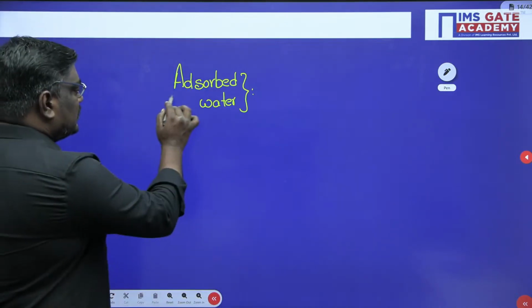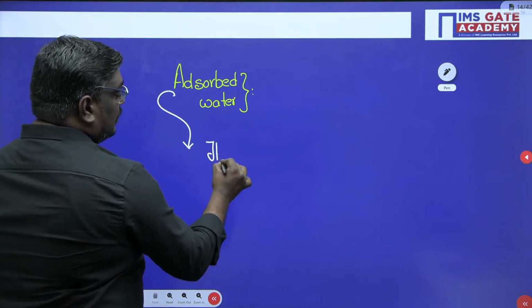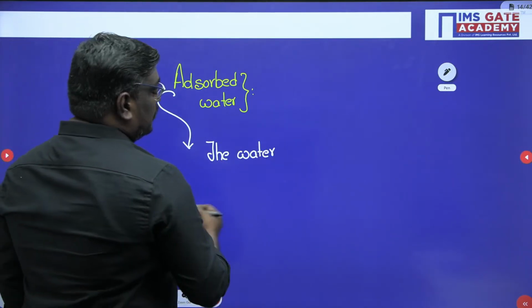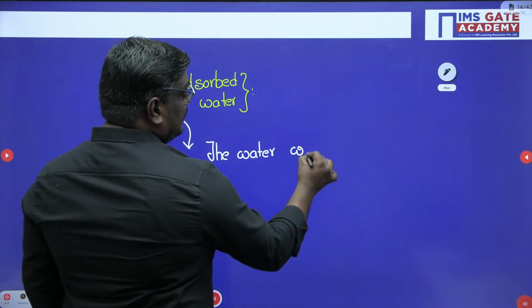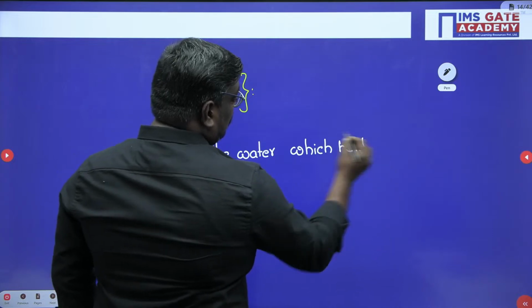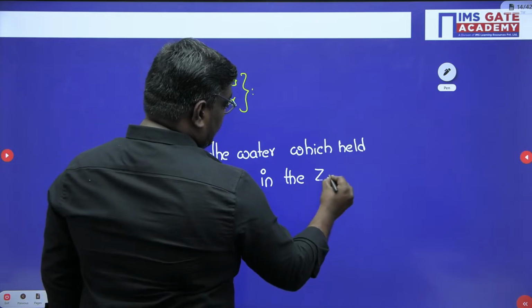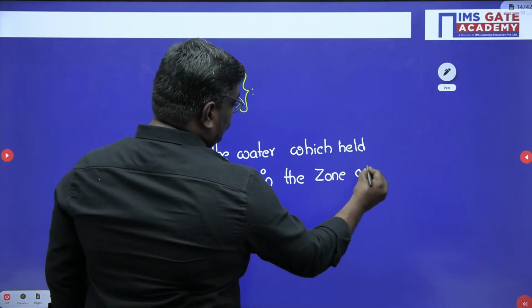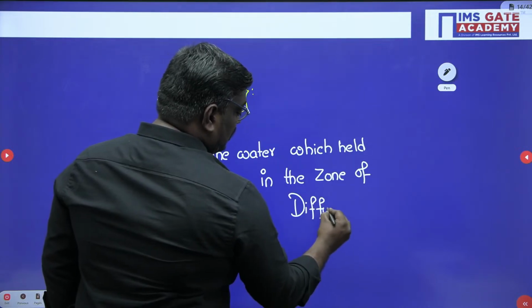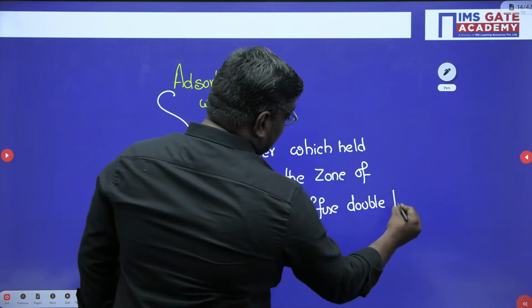The water which is held in the zone of diffused double layer is known as adsorbed water.